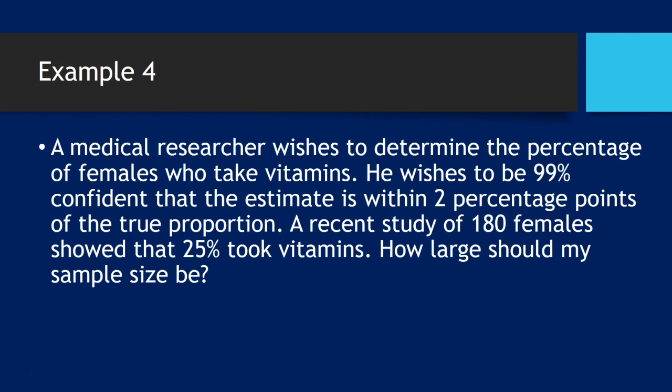In other words, they want the margin of error to be within 2 percentage points. As a proportion, 2 percentage points is 0.02. And it says in a recent study, 25% took vitamins. How large should my sample be?